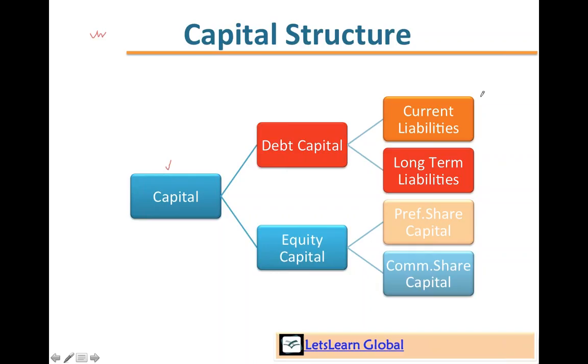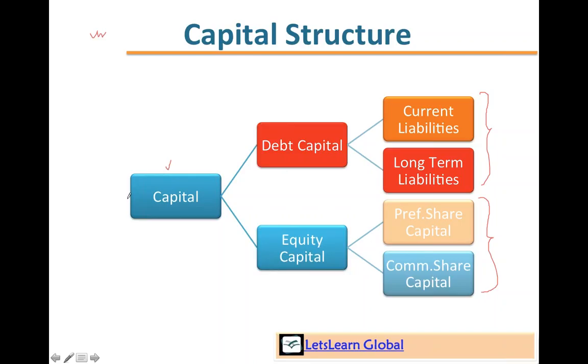Therefore, we see how this combination of amounts is used in the purchase of assets, and how the equity capital, which consists of preference share capital and common share capital, is used in the purchase of assets. What is the portion of debt capital? What is the portion of equity capital invested in purchasing the assets?